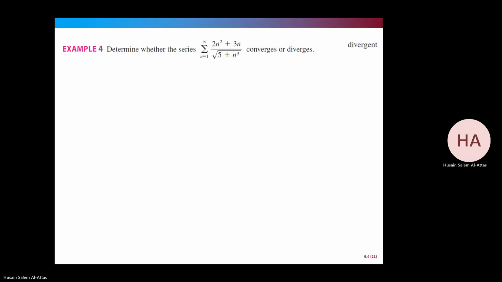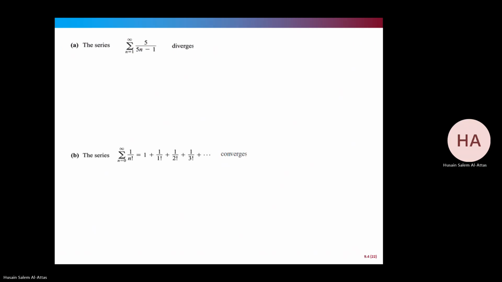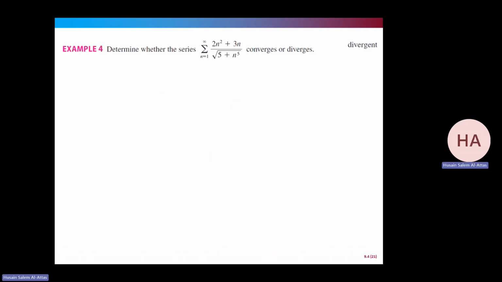Okay. This one, what will you compare it with? I'll do these two, then I'll stop. You know what, let me do this one, then I will stop. What is the nth term of the comparison series?